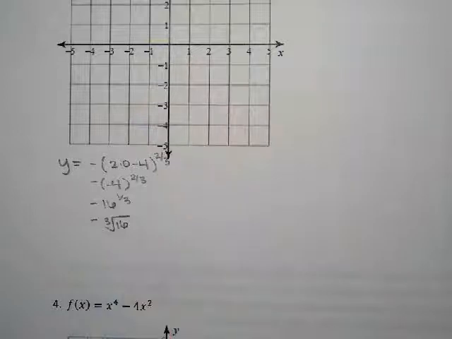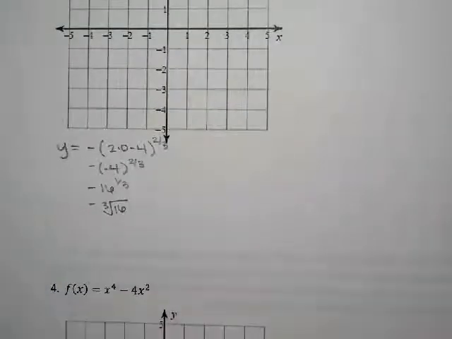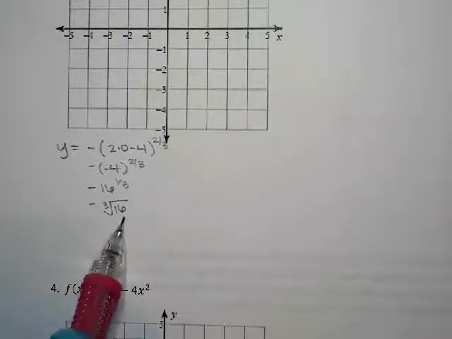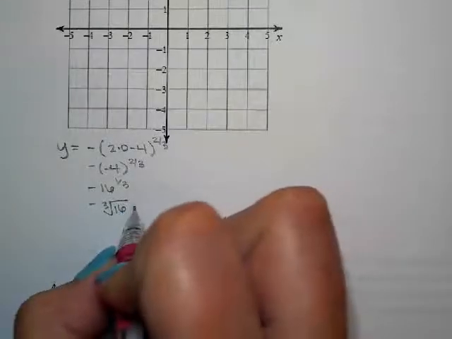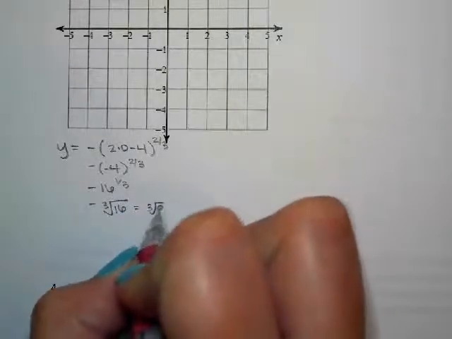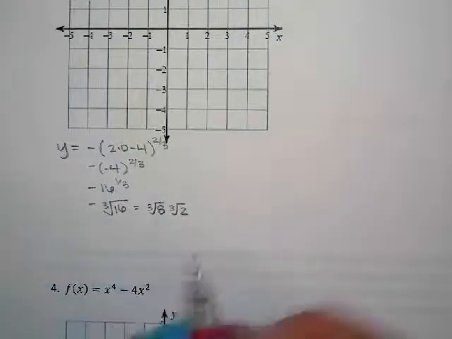And is there a perfect cube in here? There is not, or there is? It's 8, right? Okay, so we've got, this is the cube root of 8 times the cube root of 2. Okay, so the cube root of 8 is 2.